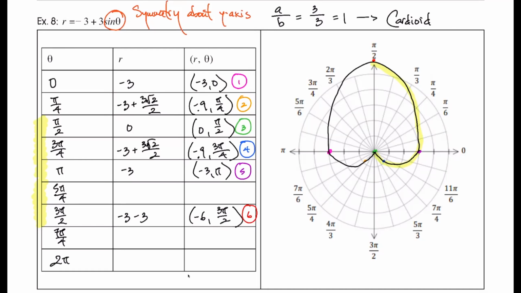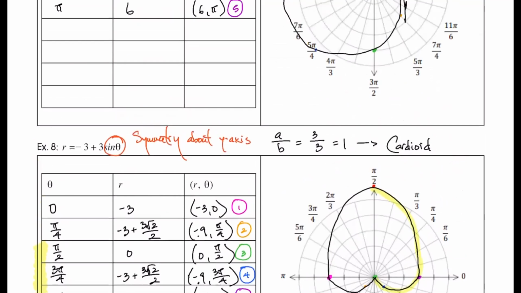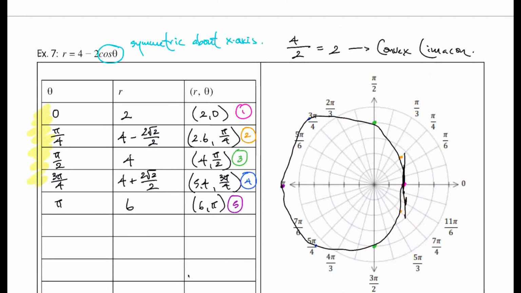So in this case, if I plotted pi over 2 to 3 pi over 2, I could find the right half and then the left half. But if we did 0 to pi, that actually gave us the top half of our limaçon.